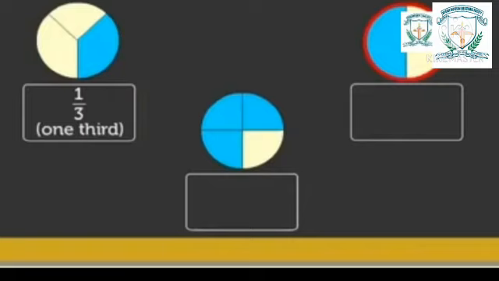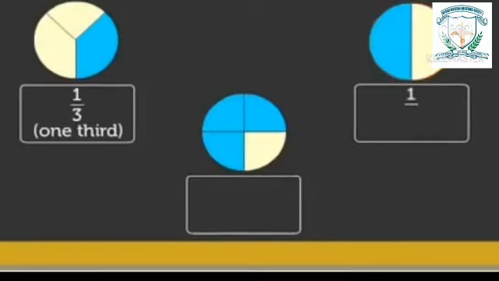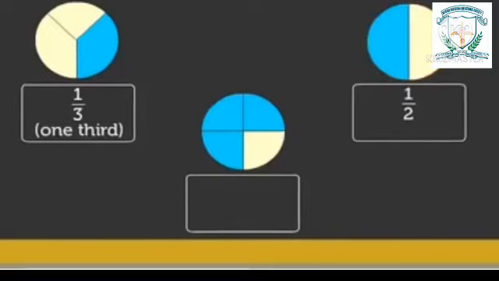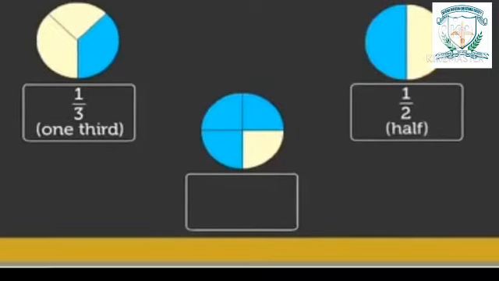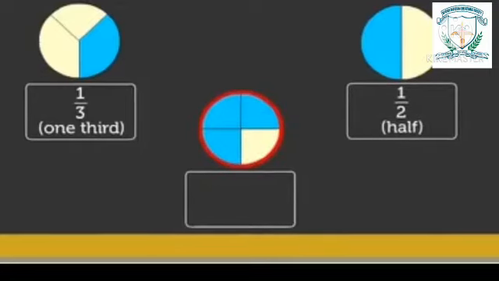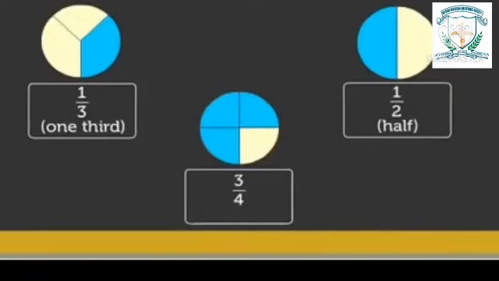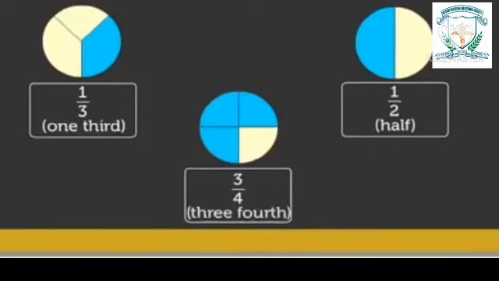Here it is written as 1 divided by 2. It is written as half in words. Here the fraction is written as 3 divided by 4 and in words as 3/4.